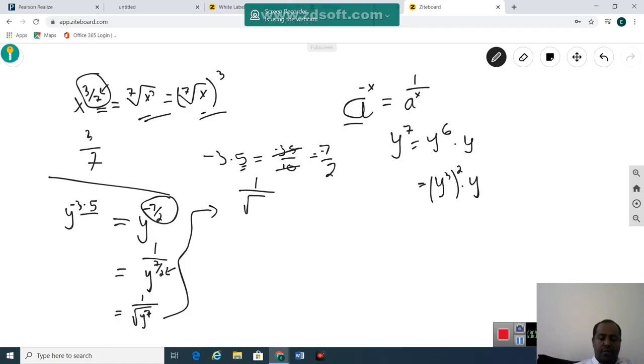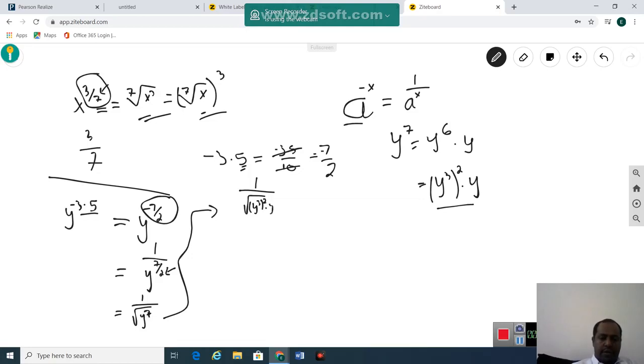In section 6.1, we saw how to find the nth root of powers. So this is 1 over the square root of y to the power of 7, which is the same as y to the power of 3, to the power of 2, times y.